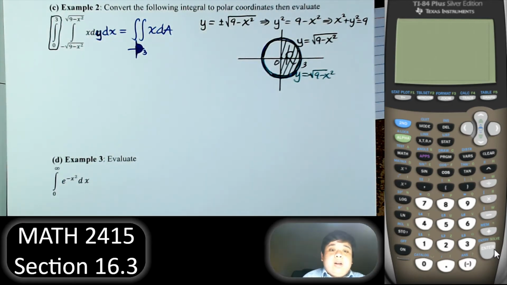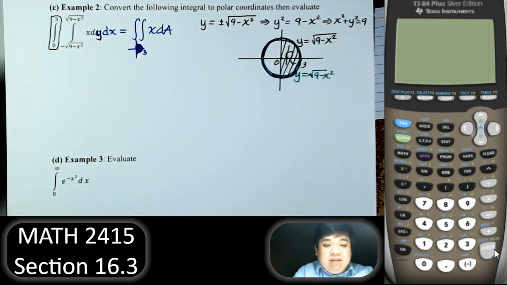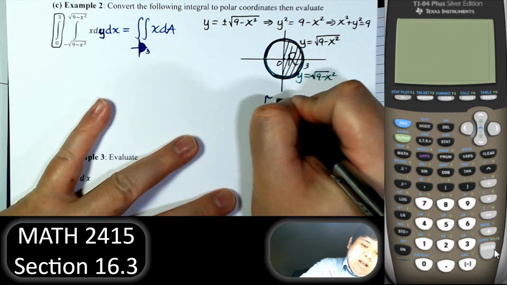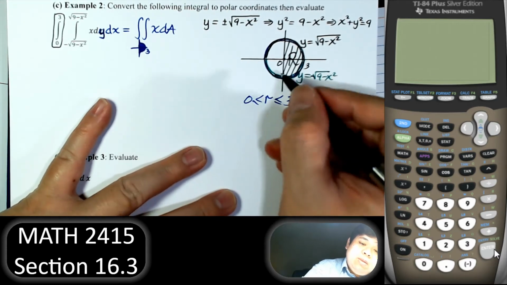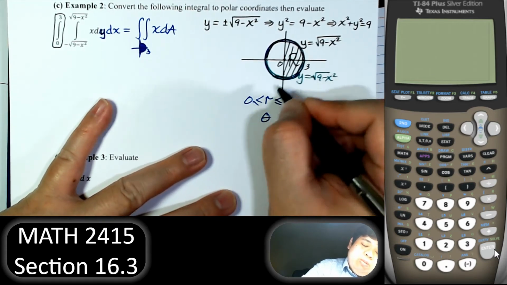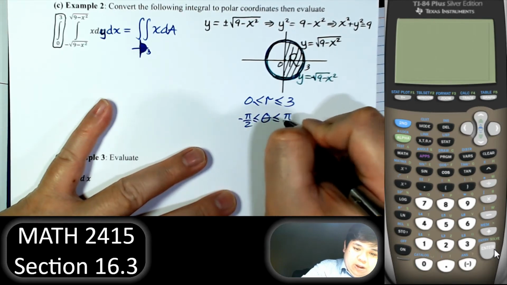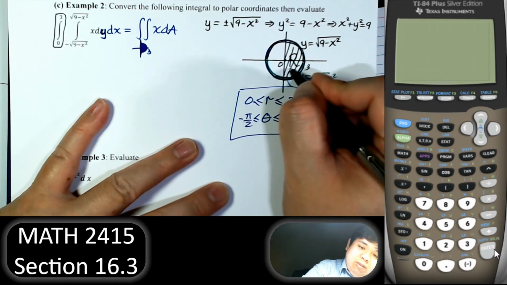We're going to use r and theta. Right. For that right half of the disk, we can say the radius is from 0 to 3, and the theta angle will be from negative pi over 2 to pi over 2. That will be the limit for R.